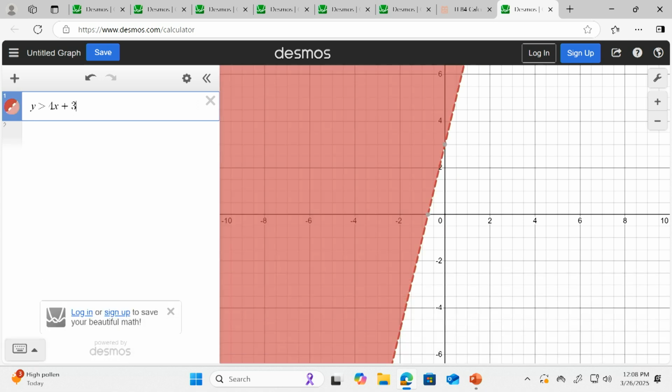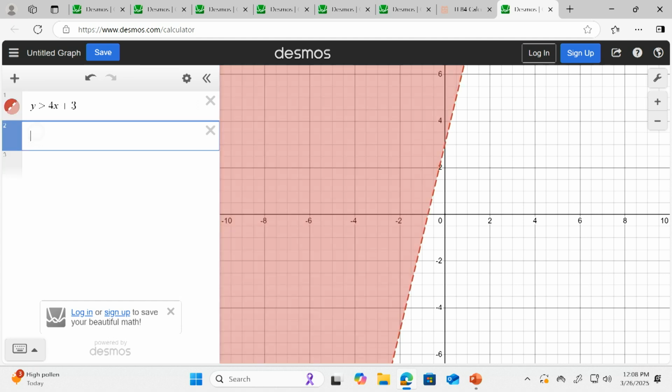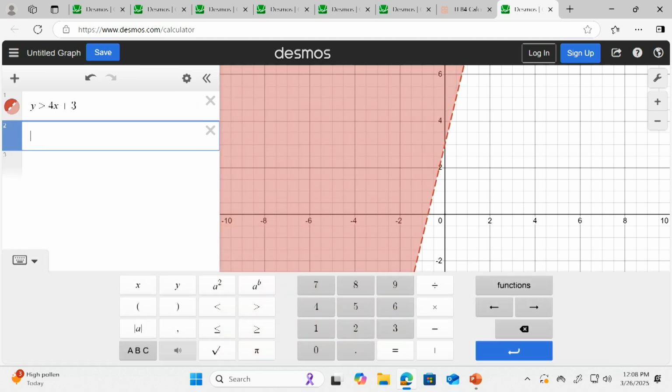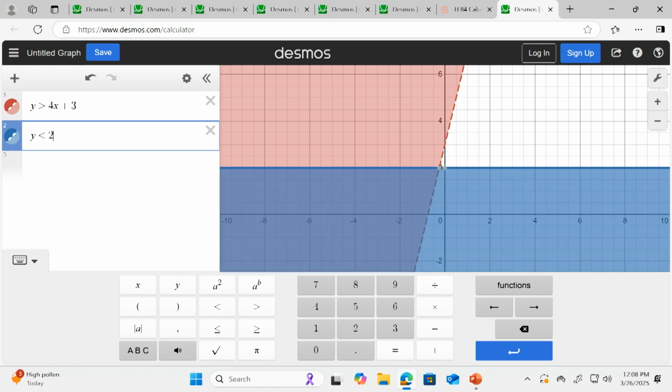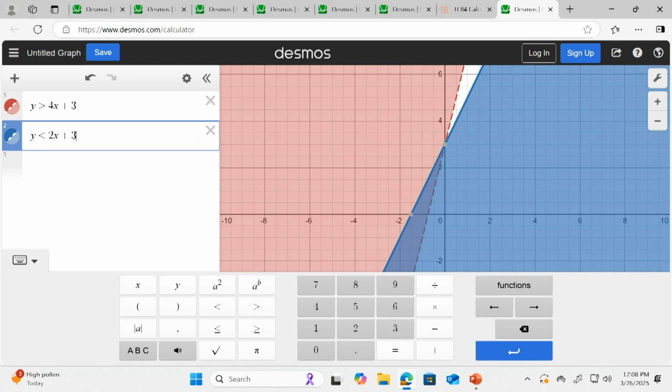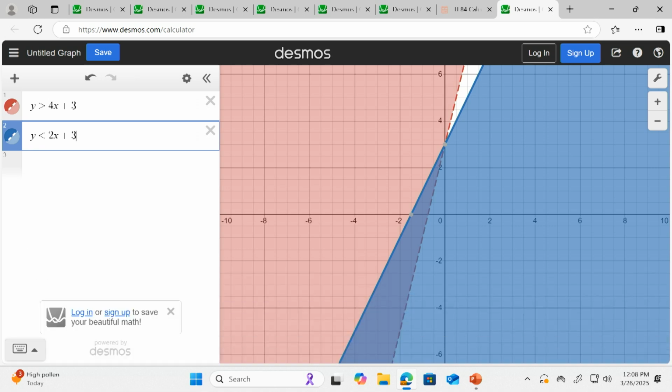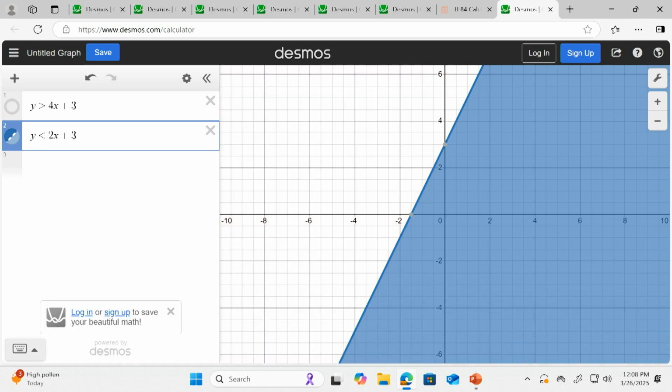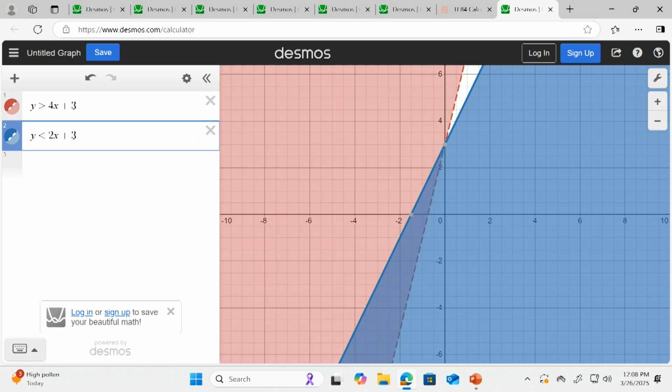Now in Desmos, I notice my dotted line. It has that feature. What if I put in y is less than or equal to 2x plus 3? Notice I have a solid line for that. Remember, if I have a line underneath that inequality symbol, it's solid. If there's no line, it's dotted. So notice where my shading is.